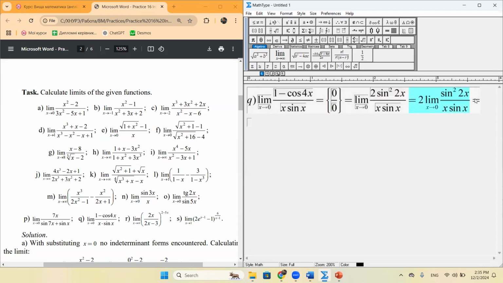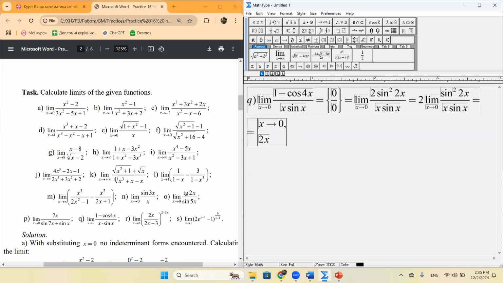And now using equivalences, when x approaches 0, we will use the following equivalences.